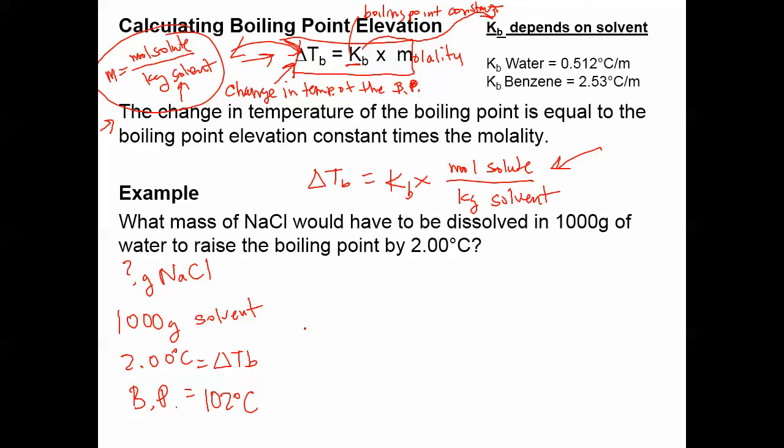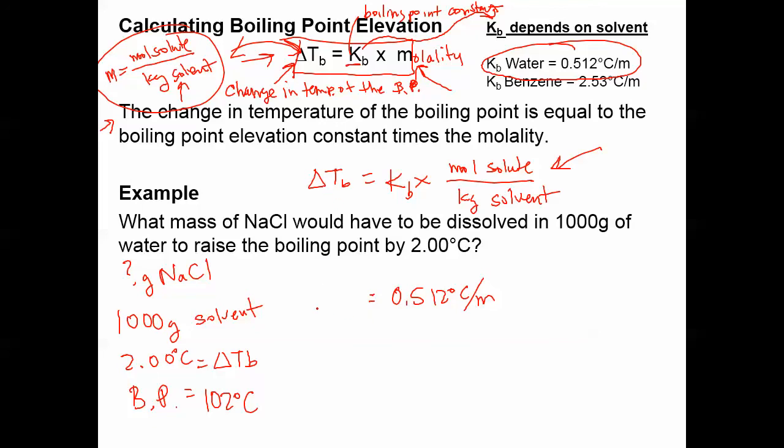So what can I plug in, what can't I plug in here? Realize that in this formula right here, the boiling point elevation formula, you're given a constant, so you always have that number given to you, and it's right here. Kb for water, because it's our solvent, is 0.512 degrees Celsius per molal, and that is equal to the delta TB.